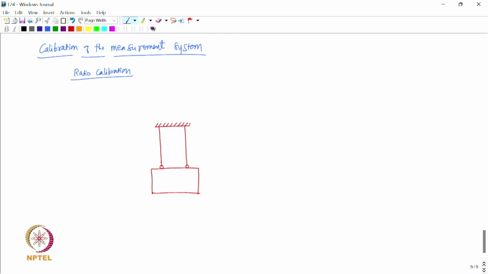Now this mass would oscillate in a vertical plane, right, and then we can mount an accelerometer on this, like this, and then we can apply impact on this from this side.